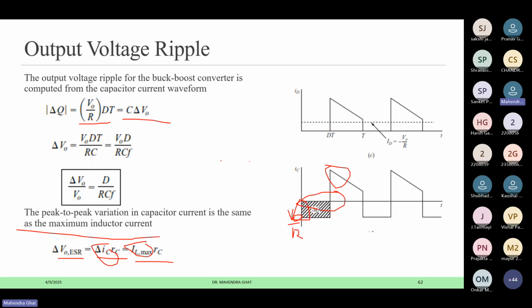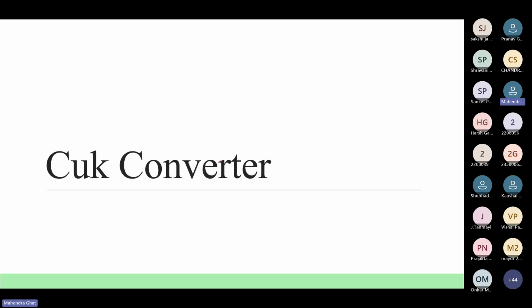then I will touch on the next converter, which is called the Chuk converter. Some people call it a Cook converter, Chuk converter. This converter is named after the scientist called Chuk. The scientist's name itself is given to this converter because he proposed that converter, and that's why the name is derived from his name.